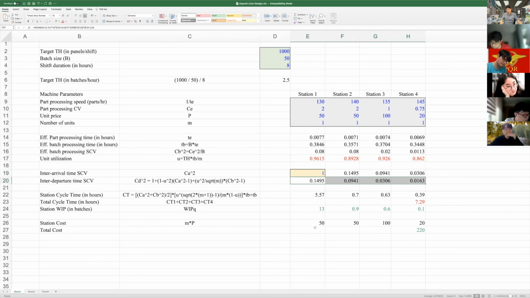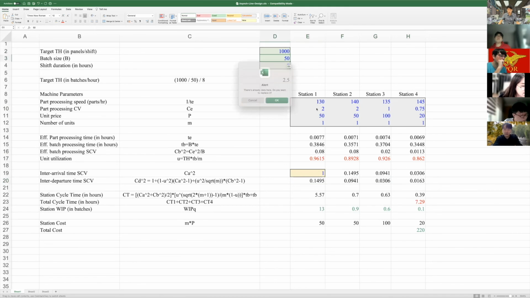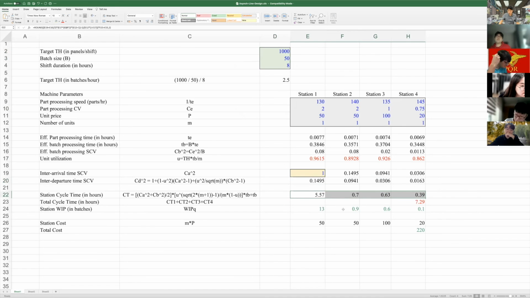So I will upload this Excel spreadsheet in ETL. And please use it by exchanging each number, and study the change of each variable such as CV, each station's cycle time and total cycle time.